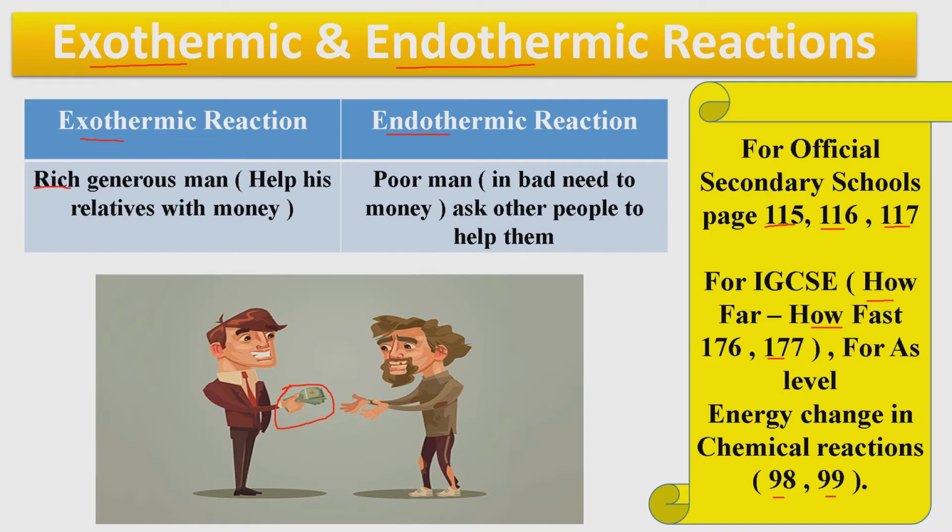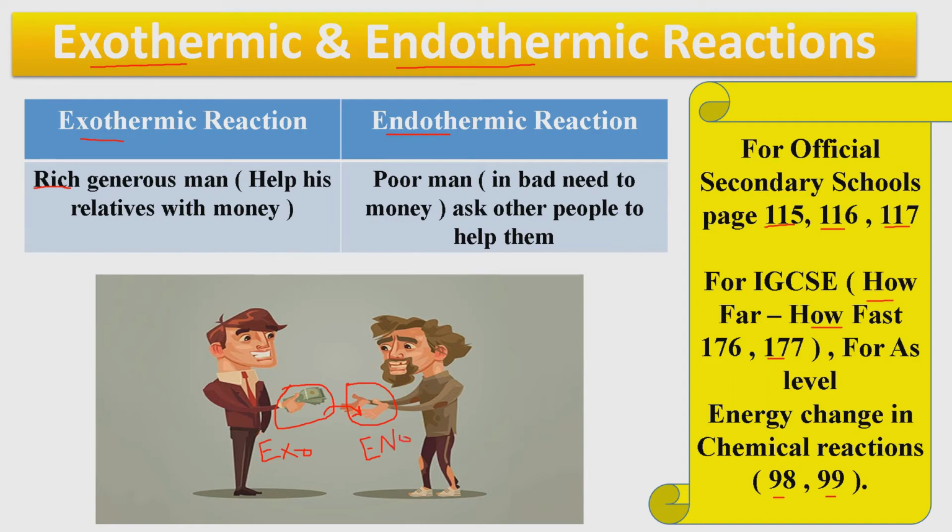A poor man usually takes money from rich persons, and his balance in the bank will start to increase by collecting money. So it is the example for exo and endothermic reactions. The first one is exo and the second one is endo. So it is a relation between persons in life and also a relation between chemical reactions.